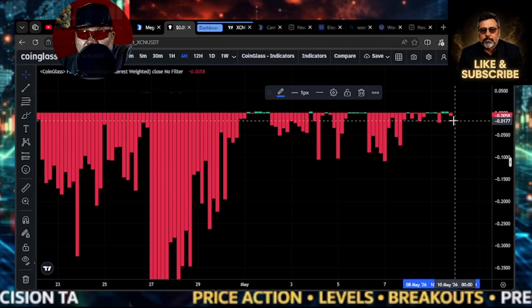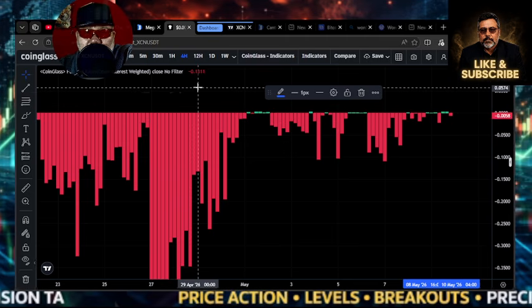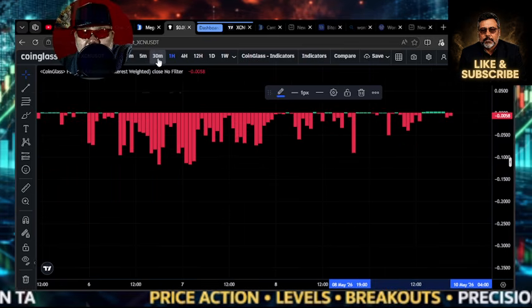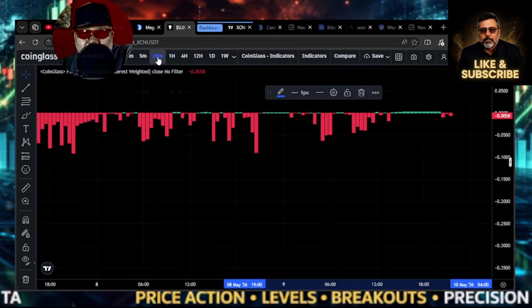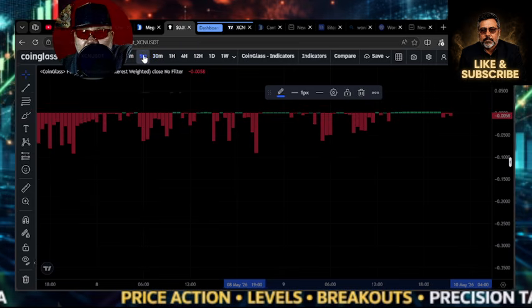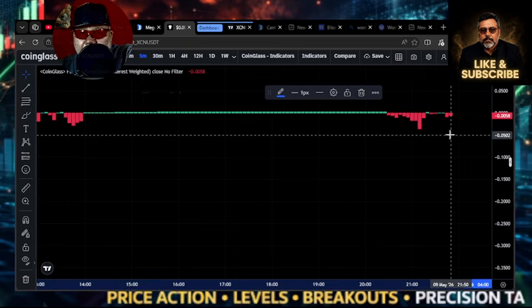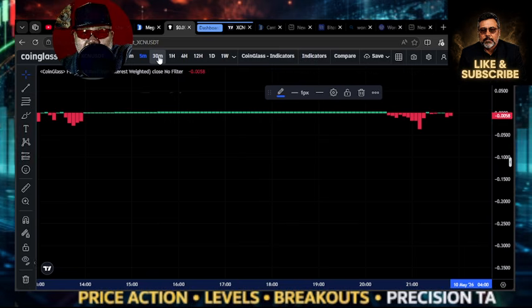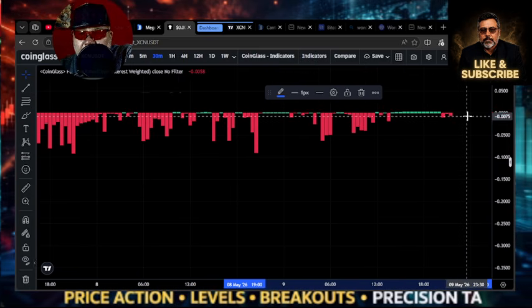So right now we are starting to see on the 4 hour chart negative funding rates. See how on the 30 minute, even on the 5 minute, we're getting in these negative funding rates.